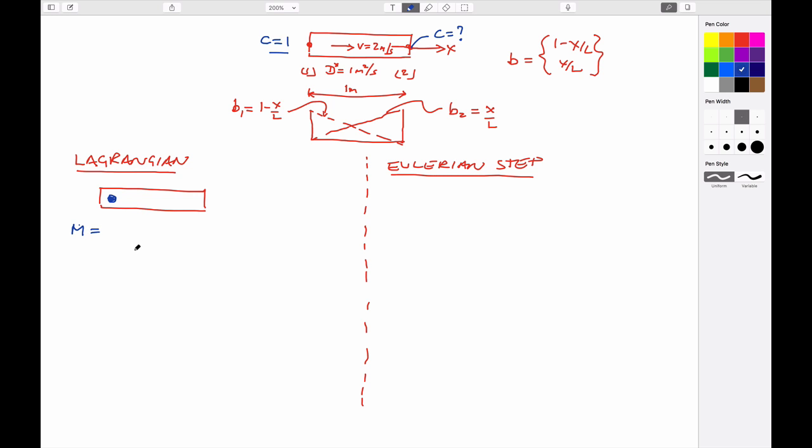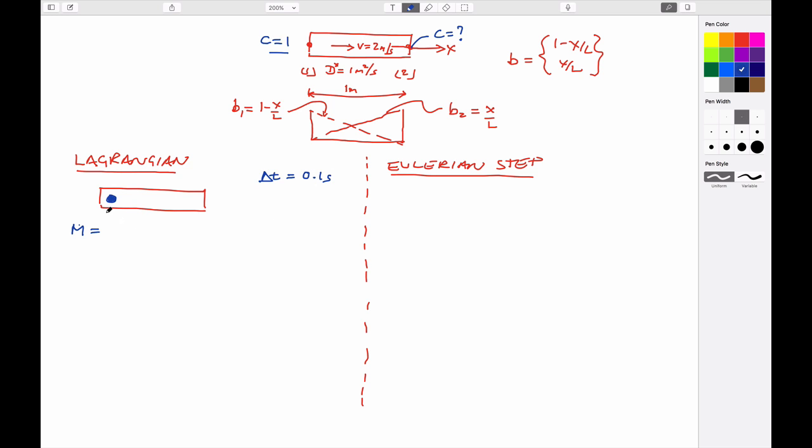And we could make a good estimate of the magnitude of this mass for a particular time step. So we're going to choose a time step equal to 0.1 seconds.